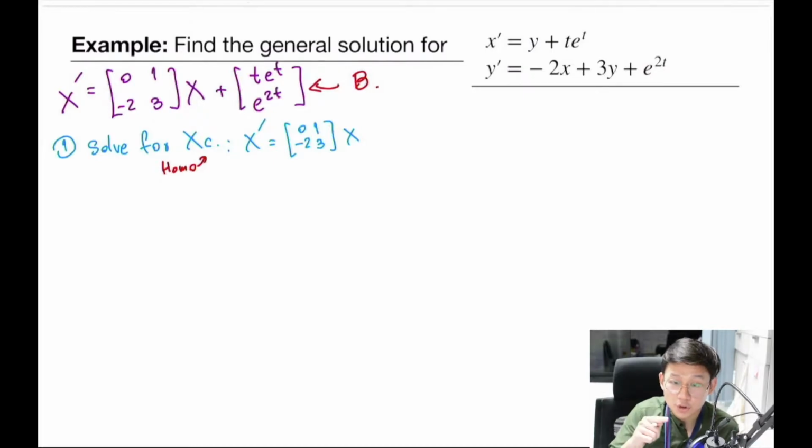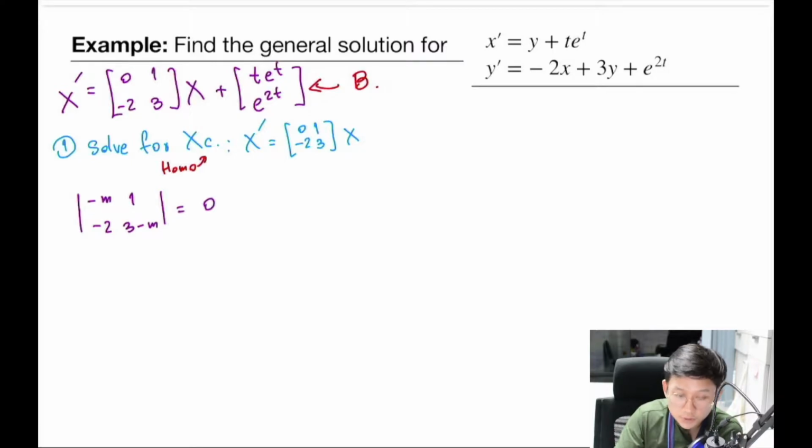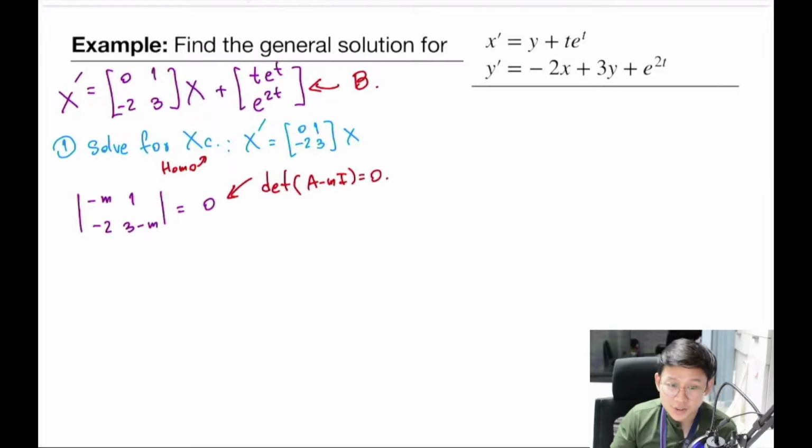And to do that, we did pretty much the same as what we did before, right? We first look at this characteristic equation, which is minus m, 1, minus 2 and 3 minus m equals 0. We minus m to the diagonal line. You remember, right? The characteristic equation is determinant of A minus mI equals 0.